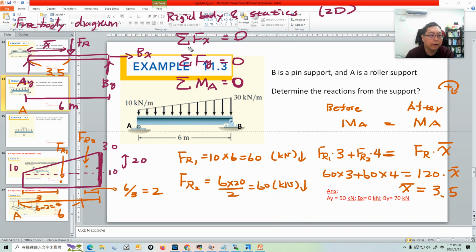So let's start with the resultant force in the x direction, which must be 0. In the x direction we only have Bx, right? Bx equals 0. I think that's the answer.